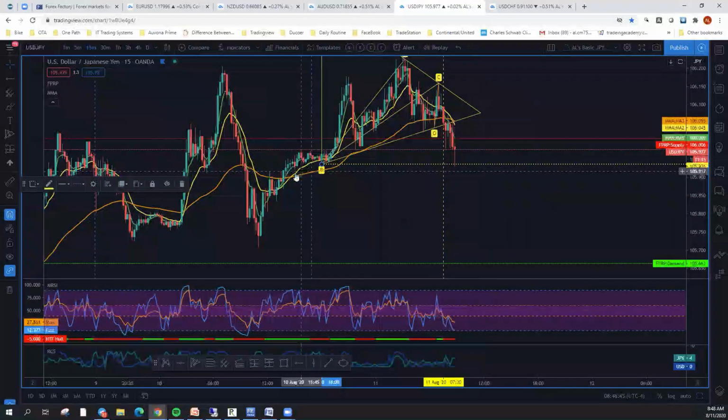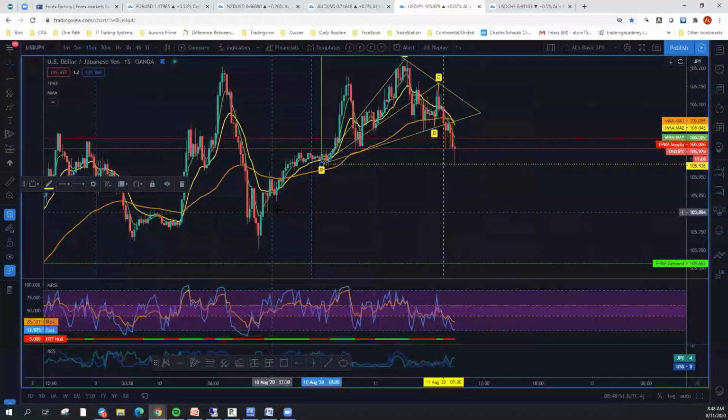It's got a lot of wicks to get through once it breaks through, before it gets down to anything significant, all the way down to this area.